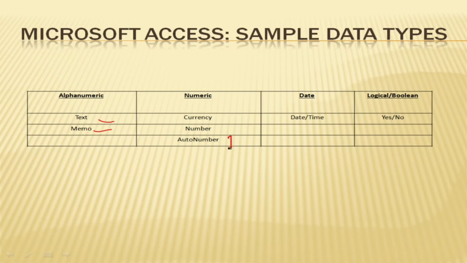Auto number is a special data type which we will look at in future videos. For the date data type, you have date/time. For the logical or boolean data type, you have the yes/no data type. We will look at these data types in action when we go into Microsoft Access and design some tables in future lessons. Alright, cool.